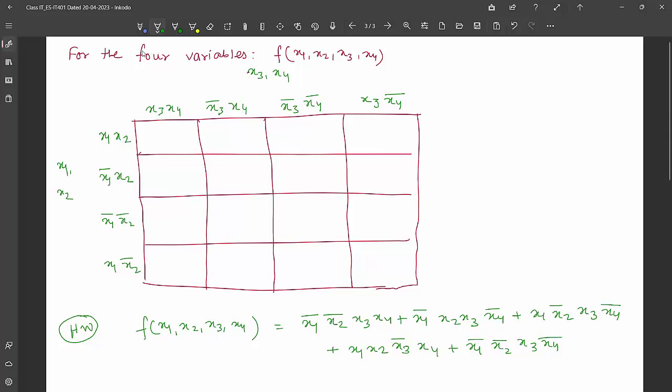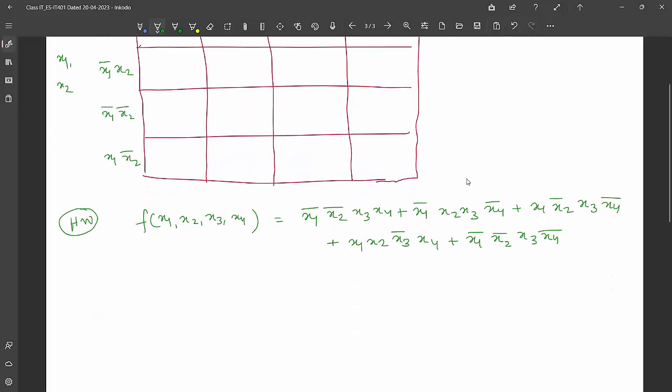Without using the Karnaugh maps, it is very difficult to simplify it. So in this type of expression, always try to use the Karnaugh map for the simplification process. So this is one example or exercise for the 4 variables.